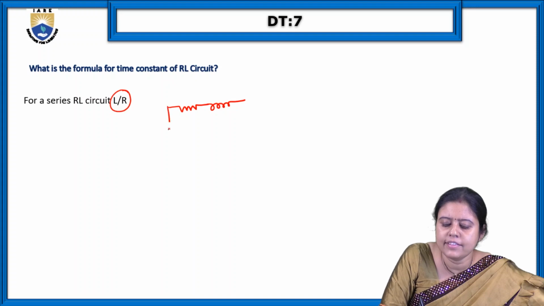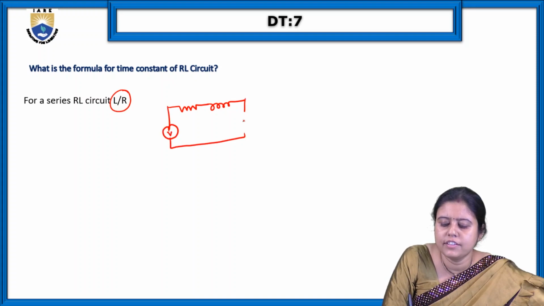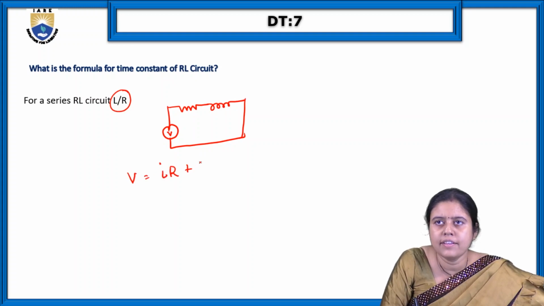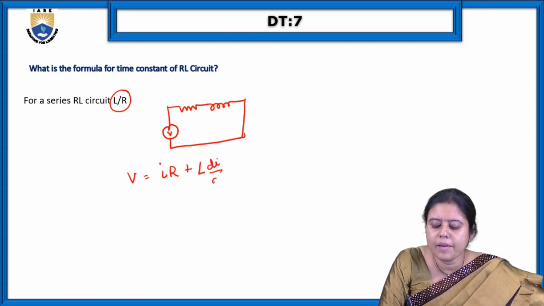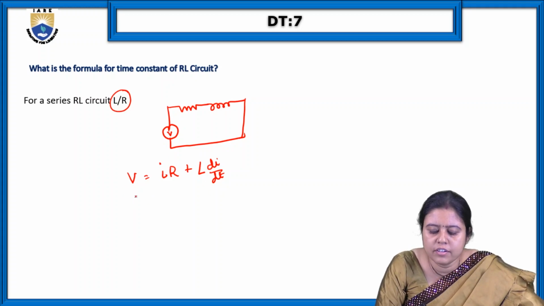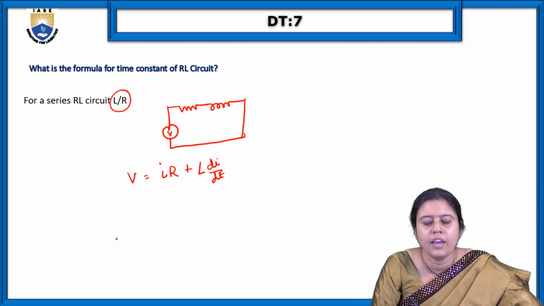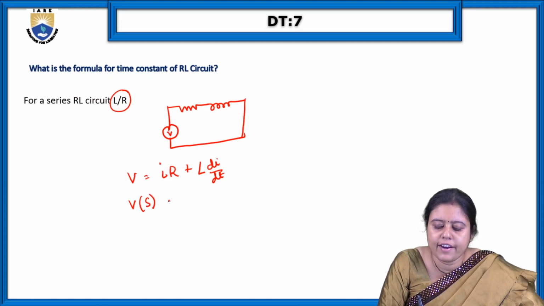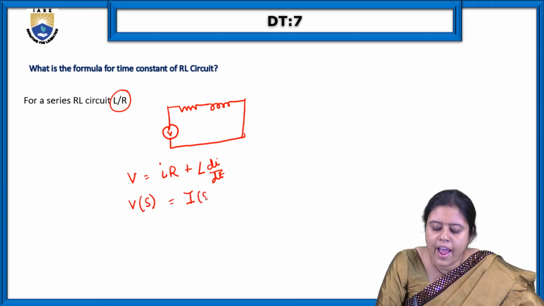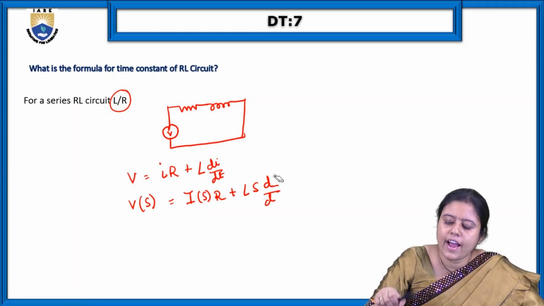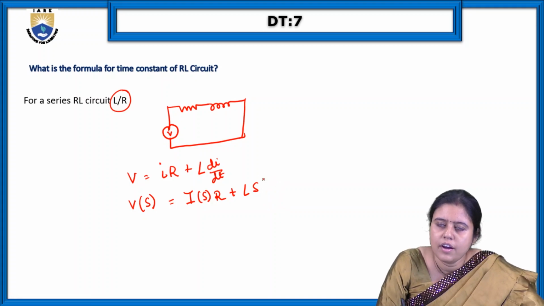We can show it in a simple way. Say we have an RL circuit and we are giving the voltage. The equation is V is equal to IR plus L di by dt. If we take the Laplace transform of both sides, we can write Vs is equal to Is into R plus L S Is, since di by dt becomes S into Is.